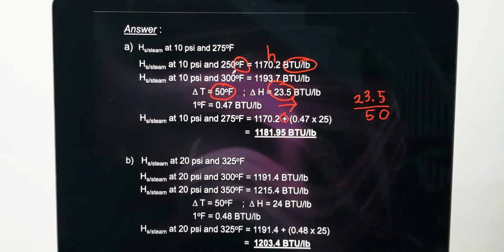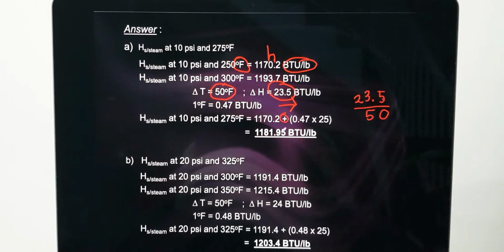If, let's say, I select 300 degrees Fahrenheit, it is okay, it is not wrong, but you need to make sure that 300 degrees Fahrenheit is hotter compared to 275. So this particular plus you need to replace with minus.